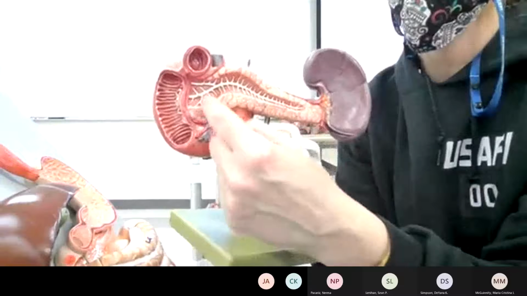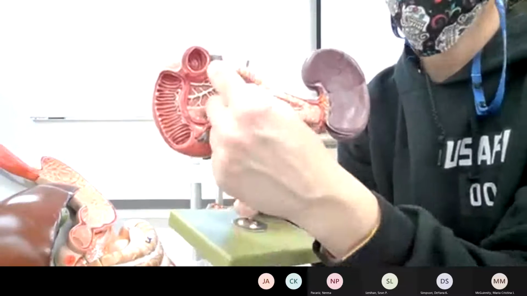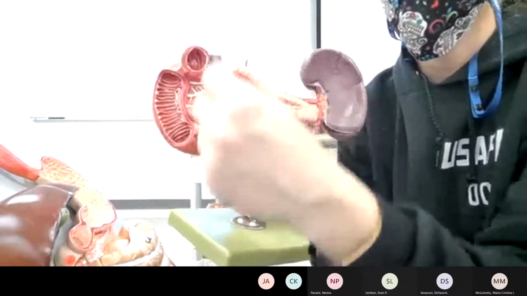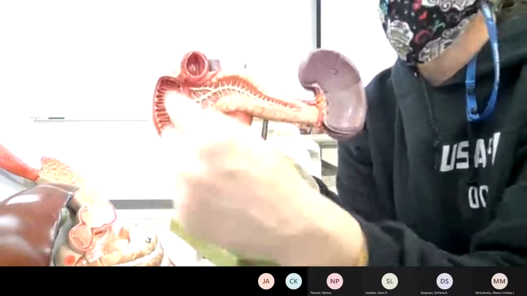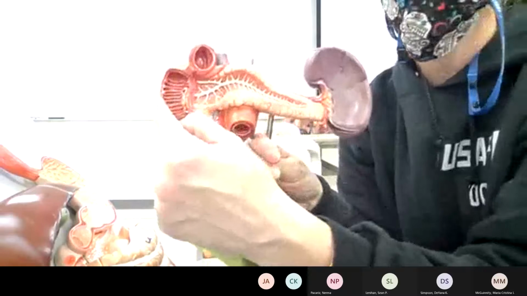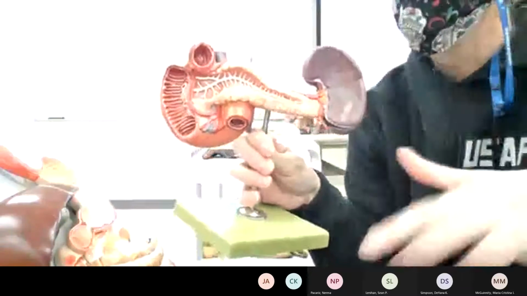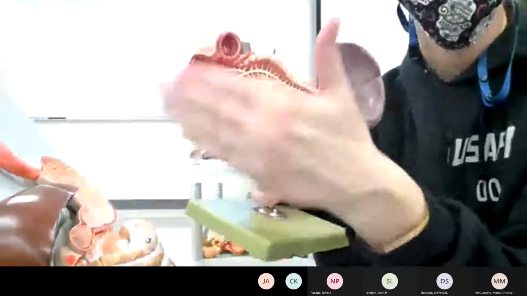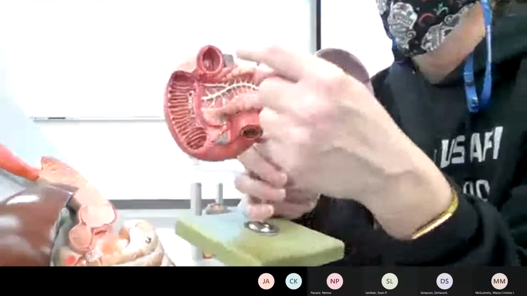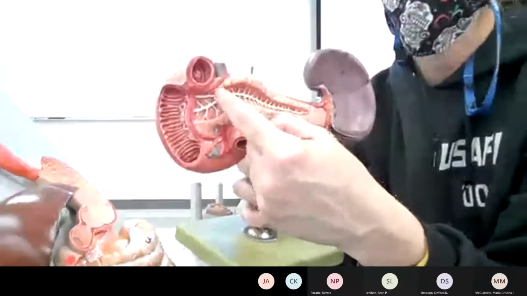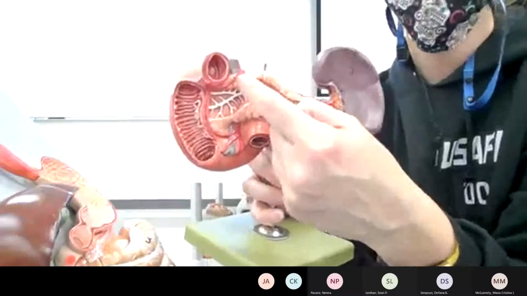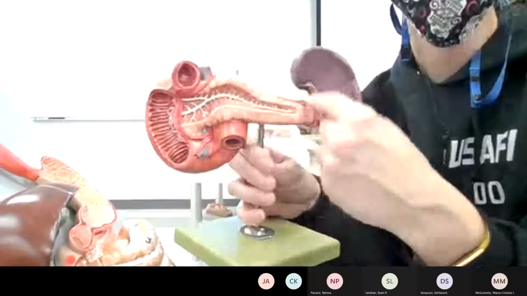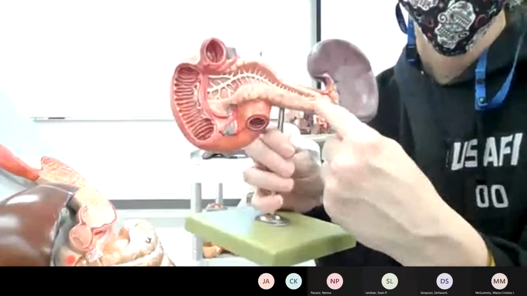Versus if pancreatic cancers start over here, they might clog the gallbladder, the bile duct, the pancreatic duct, and cause digestion issues because you don't get the enzymes. So then you have digestive issues. When you eat, you have a lot of stomach pain, belly pain. So pancreatic cancers from here are cancers that we might catch sooner and have better odds of beating than pancreatic cancers here.